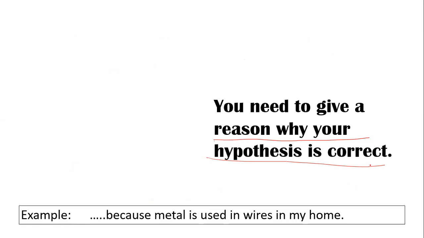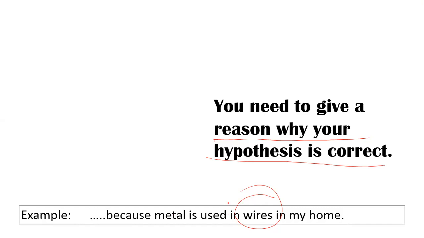Okay, so you have that hypothesis because metal is used in wires at home. So you came up with, okay, metal is probably a good conductor, because mostly your heater is made of metal. The spoon and fork are made of metal and many others. And obviously the wires that carry electricity are made of metal.